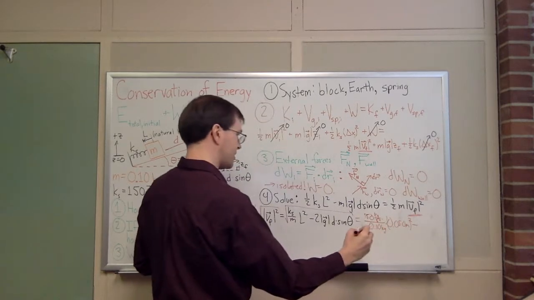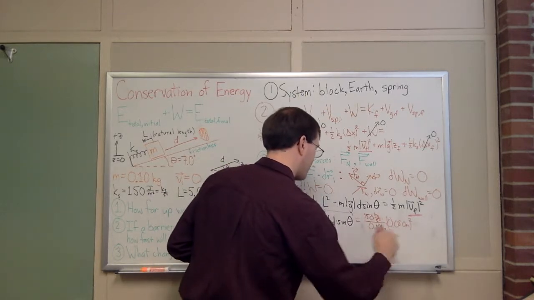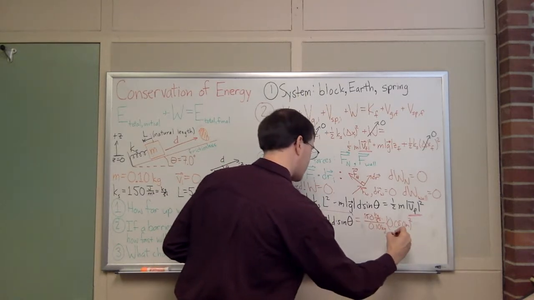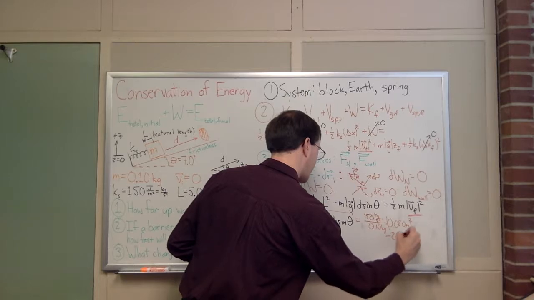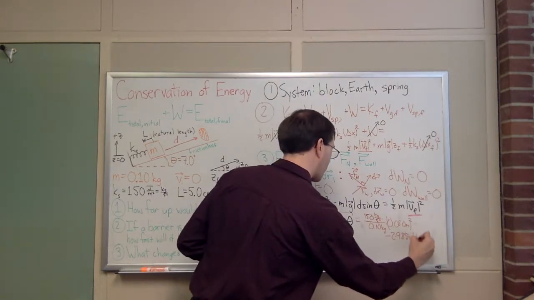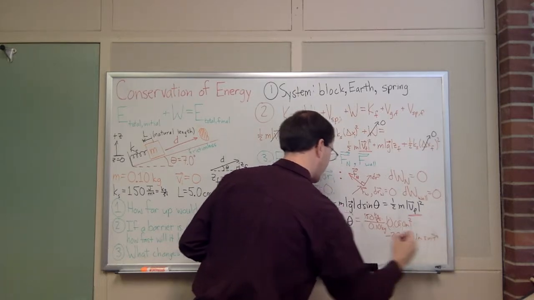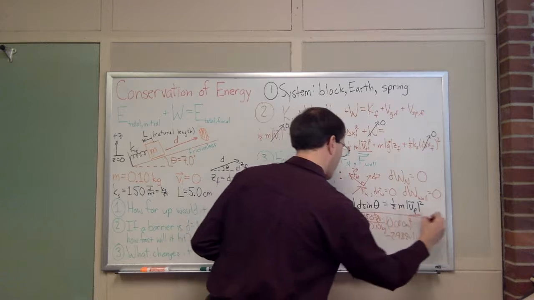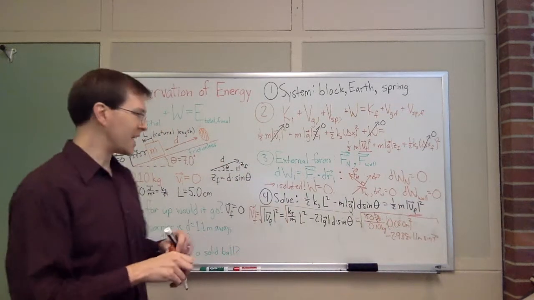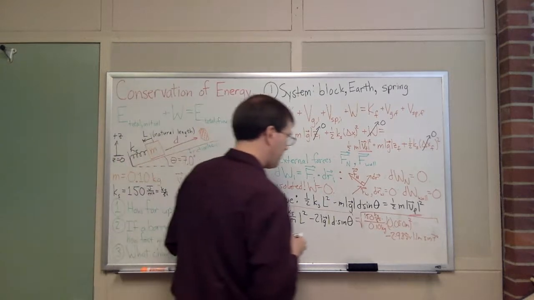All that minus 2 times 9.8 meters per second squared times my distance of 1.1 meters times the sine of 7 degrees. And this is all under a square root sign.